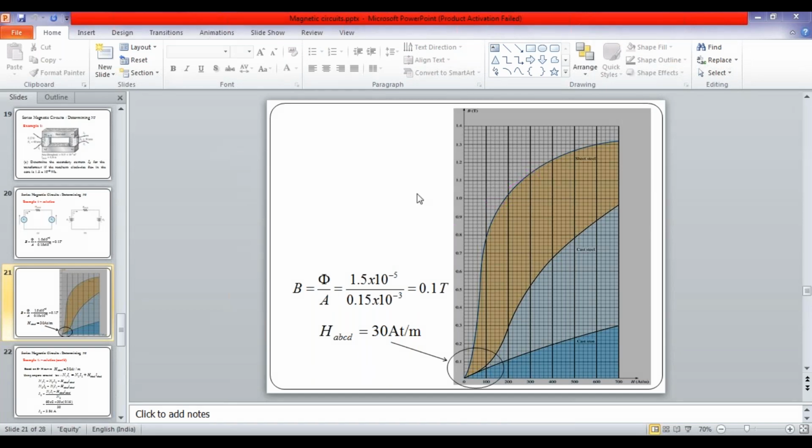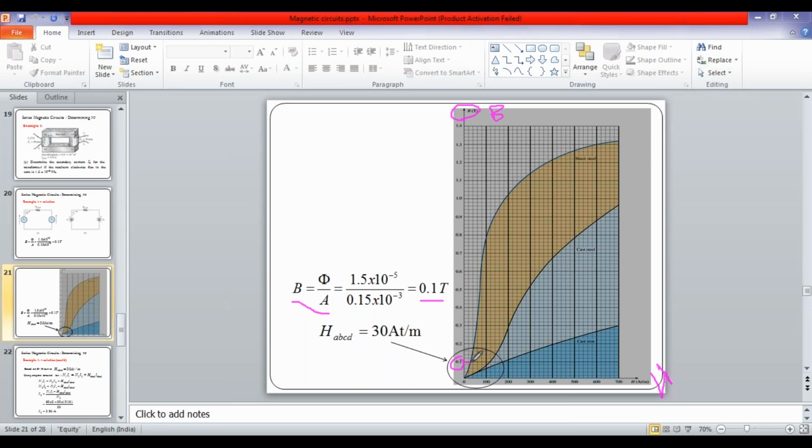Be patient. From the data given in the problem, we can calculate the flux density B. Then we will be provided with a graph of the BH loop curve. Y-axis is B and x-axis is H. For this calculated value of B, 0.1 is here.